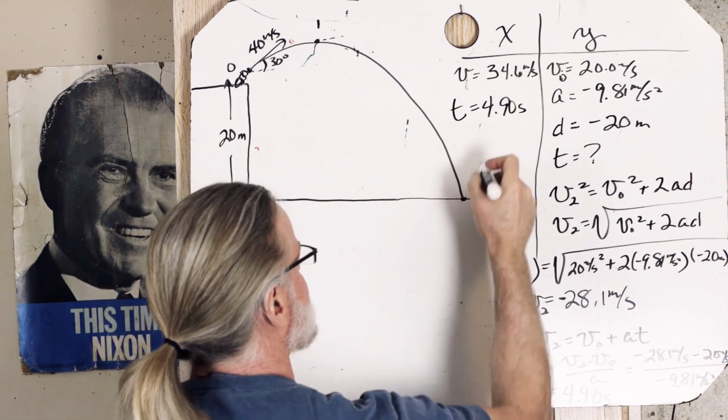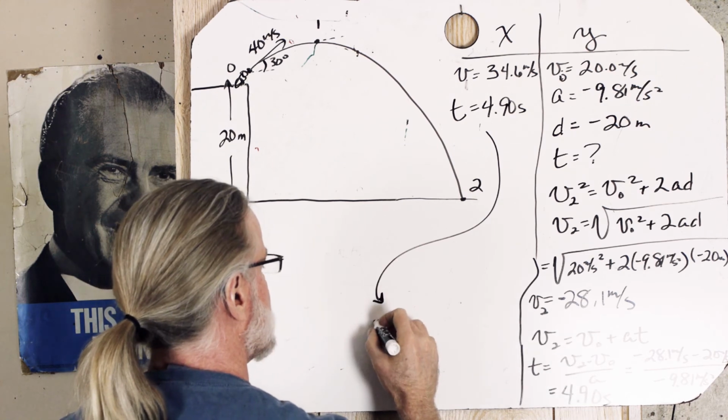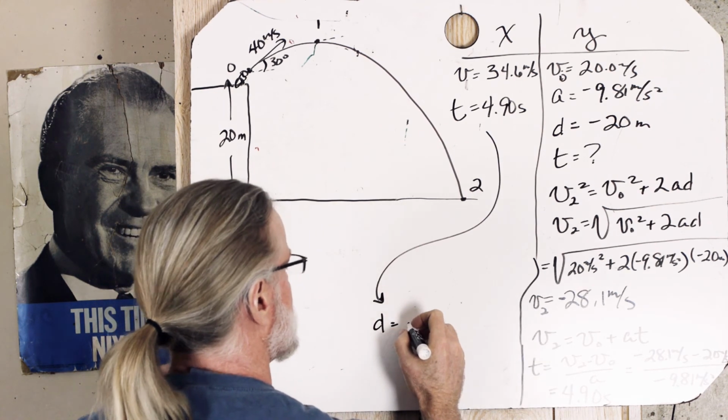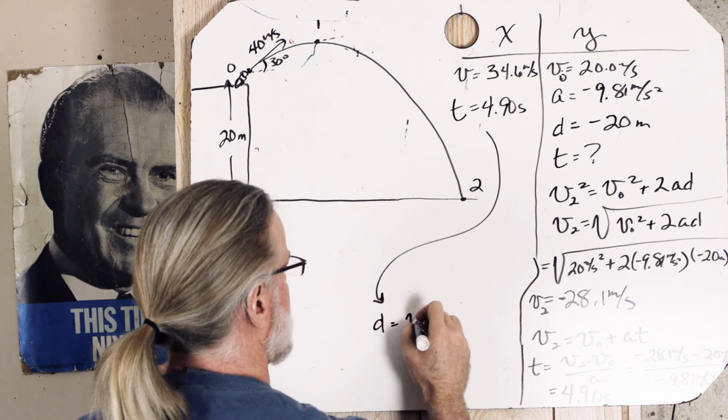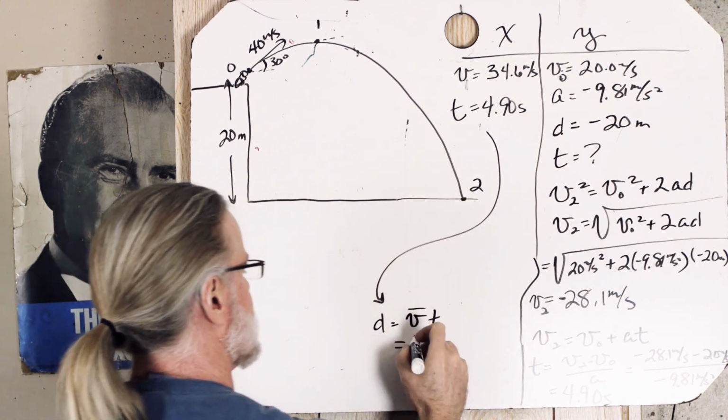And if I want to know the distance, I'm going to do that right down here. So the distance traveled is velocity times time, average velocity times time, but in the x direction, the velocity is constant.